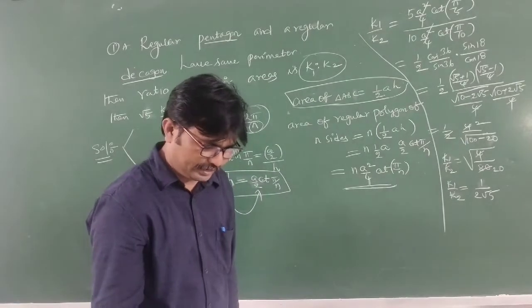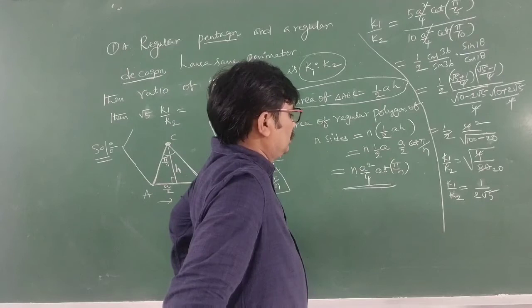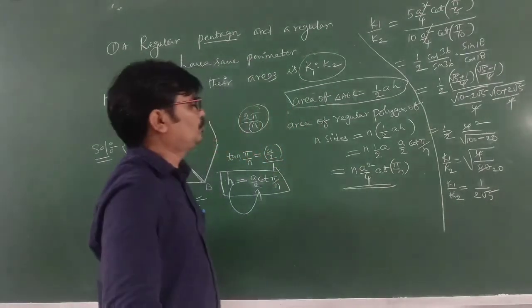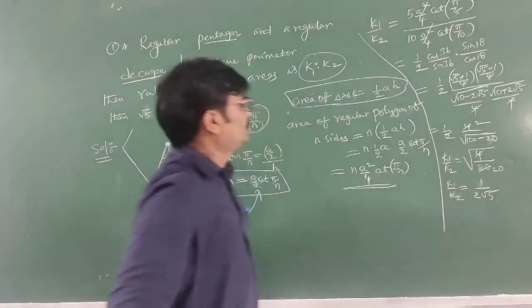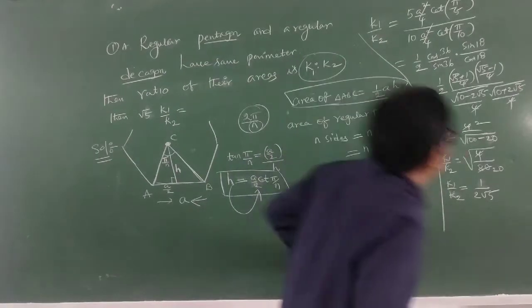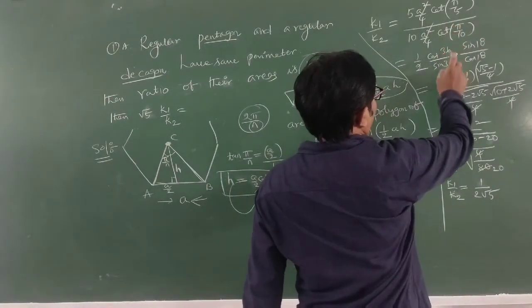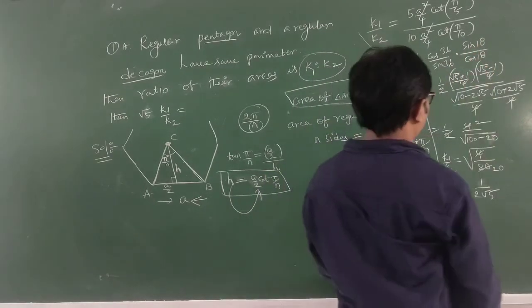Now we have to find the value. They are asking root 5 into K1 by K2. Here cot of pi by 5 is cos 36 by sin 36, and this is sin 18 by cos 18.